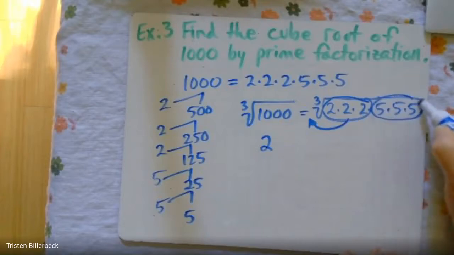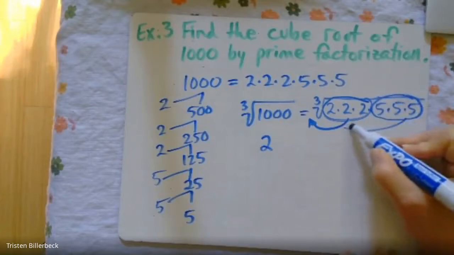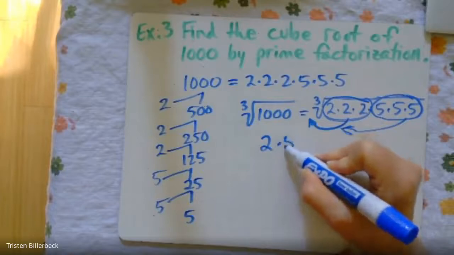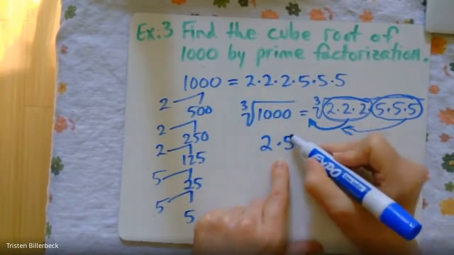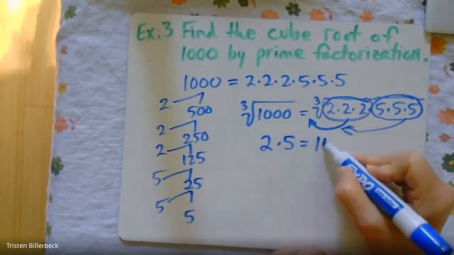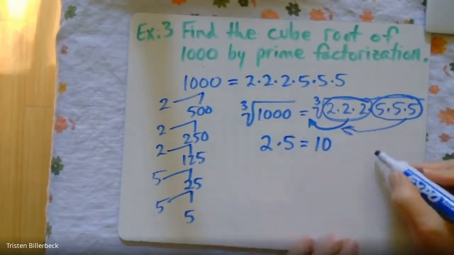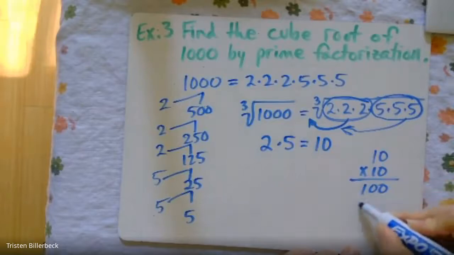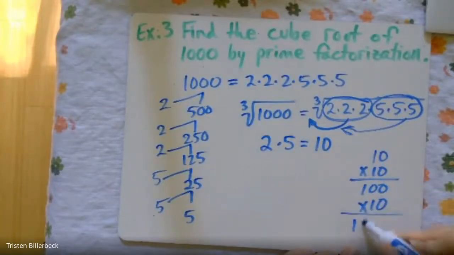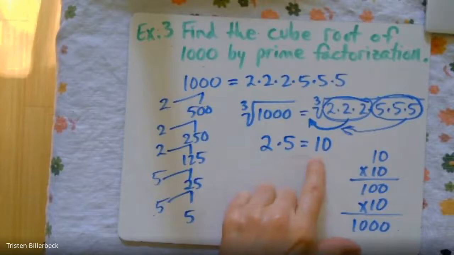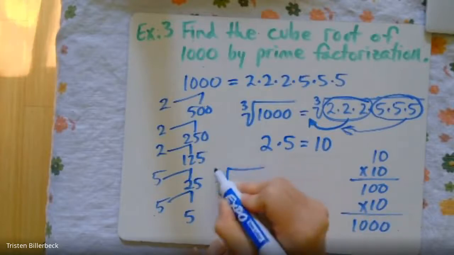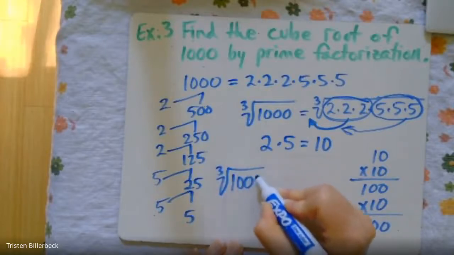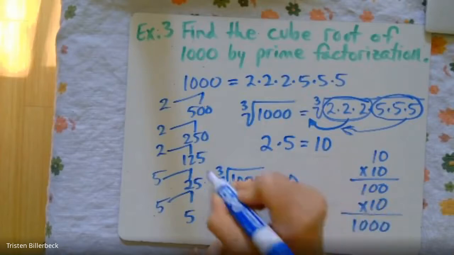These 5s also get to leave safely as a united front of 5. So we have 2 times 5 equals 10. So what that means is 10 times 10, which is 100, times 10, which is 1,000, so 10 is the cube root of 1,000.